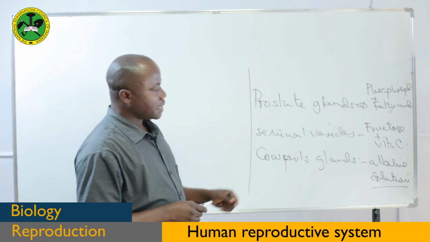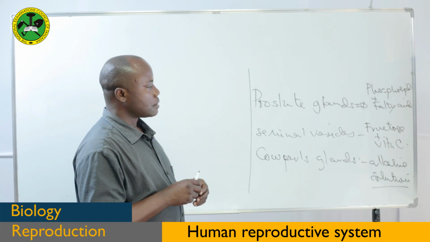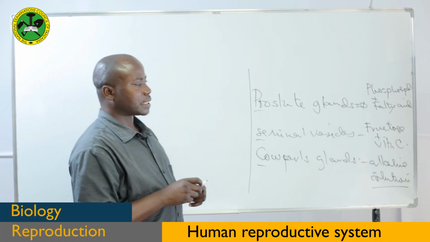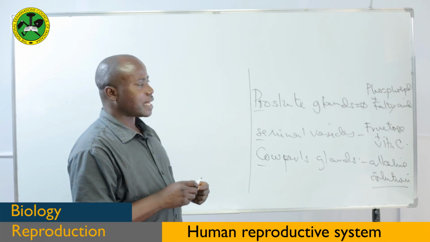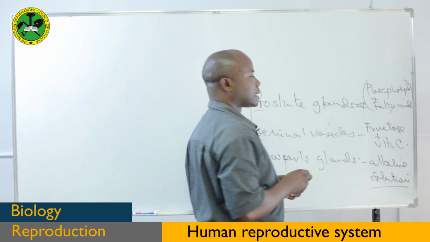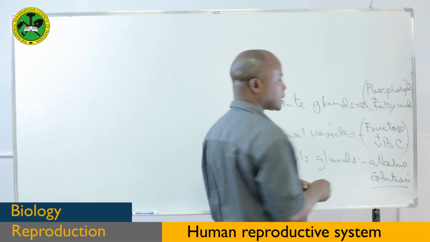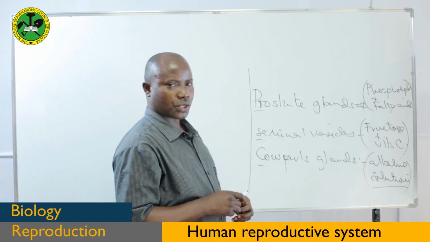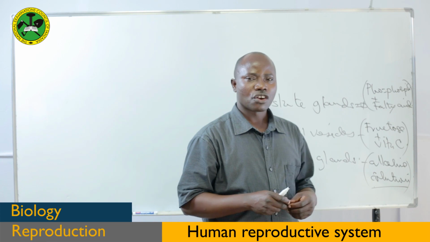Therefore, these are the compositions of the fluid produced by these glands. What you'll need to do is explain the role of these substances and the role of this alkaline solution. By so doing, you will have answered this question correctly.